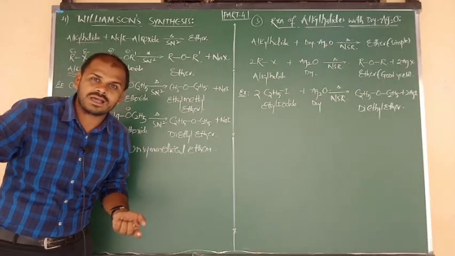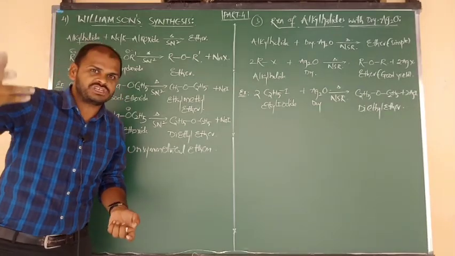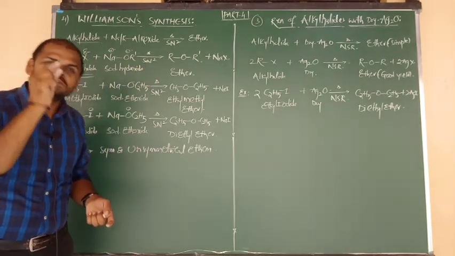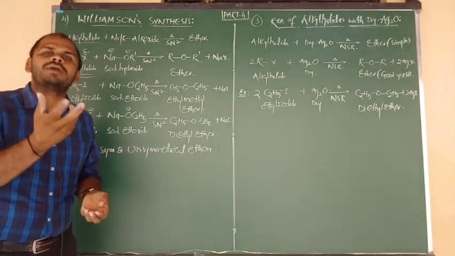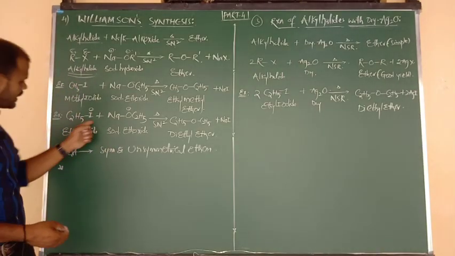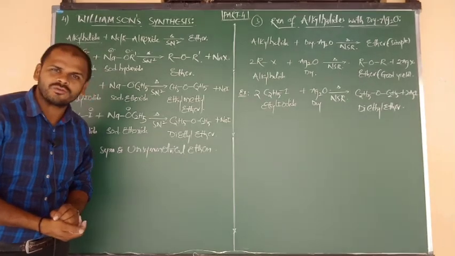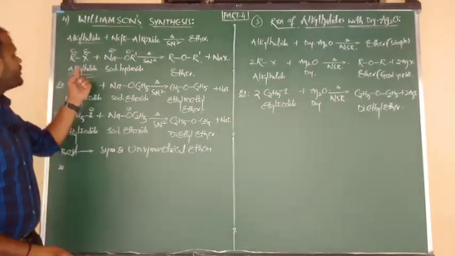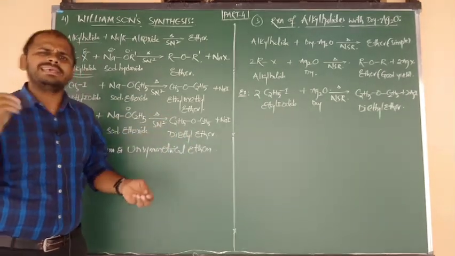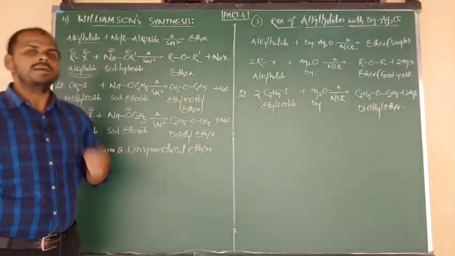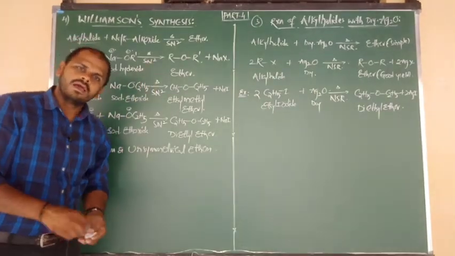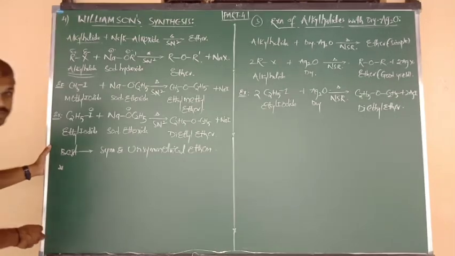More sterically hindered compounds, meaning tertiary, are reactive for SN1. But in SN2 we consider simple alkyl halides, methyl halides, and also primary halides like ethyl halides. So primary halides and very simple alkyl halides, which are sterically free compounds, easily undergo Williamson's ether synthesis, and they are involved in SN2 reaction.